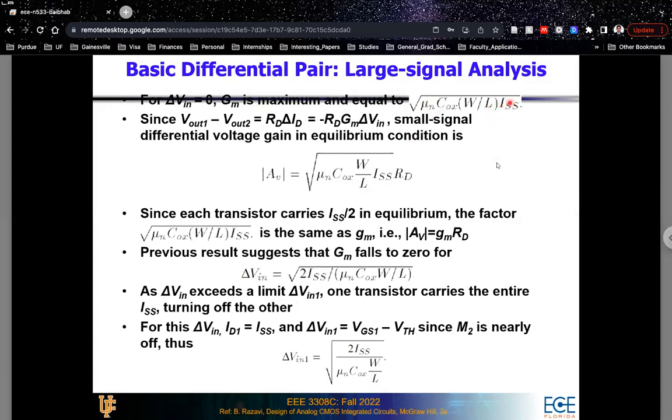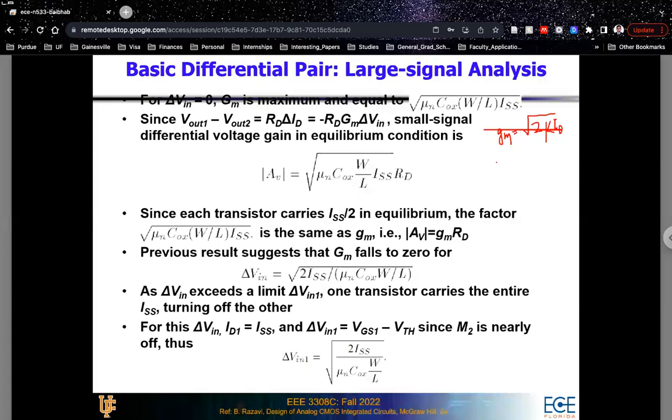Remember that when we studied the GM for a transistor, we wrote this equation, that GM is equal to square root of twice K times ID, where ID is the drain current through the transistor.